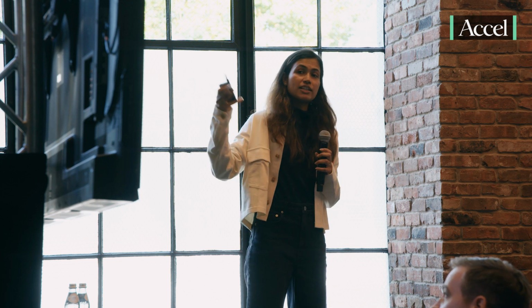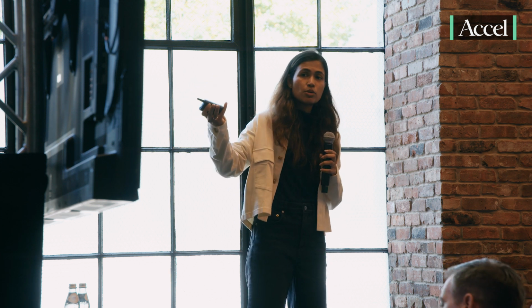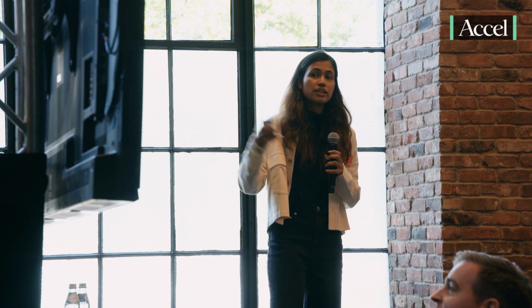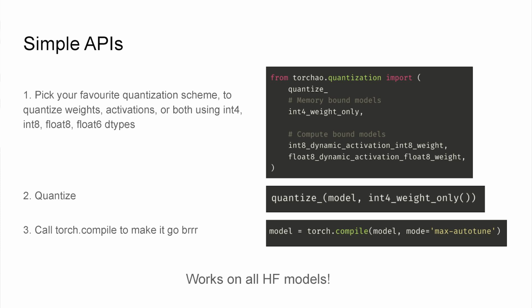Once you pick that, then you'd pick the D type that you want to quantize it to, depending on what your performance, hardware, or accuracy trade-off is. Once you pick these parameters, quantizing your model is just calling the quantize API with the specific technique that you want to quantize it to. This will give you an eager quantized model as an output, and if you want to make it go even faster, you can call torch compile on it to get even more performance.